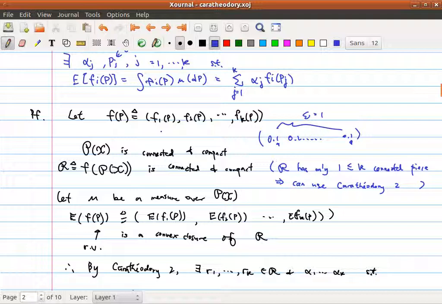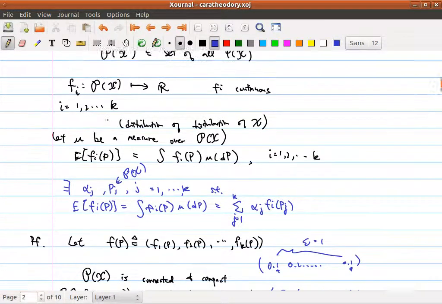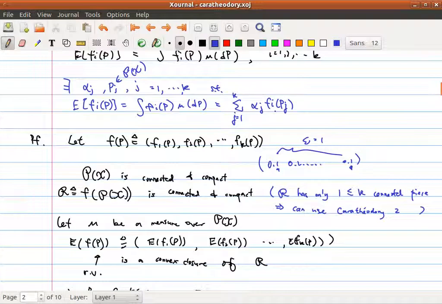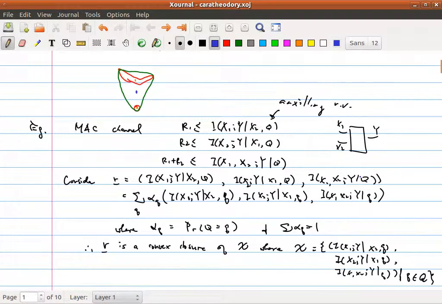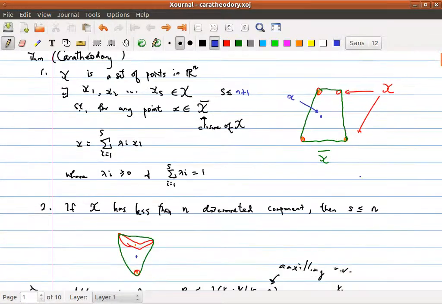And since it's connected, and f is continuous, actually I think I mentioned that this is continuous, then this f(P_X) here is also connected and compact. Let me denote this set as R. Because it's all connected, this R has only one connected piece, which is less than k. So we can use the second case of the Carathéodory theorem.